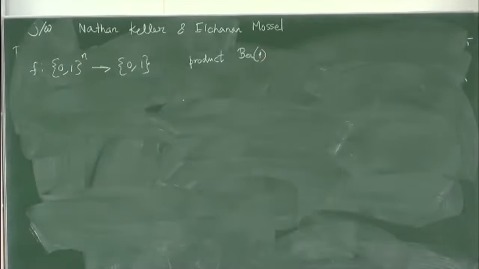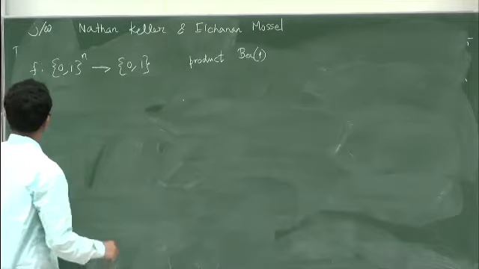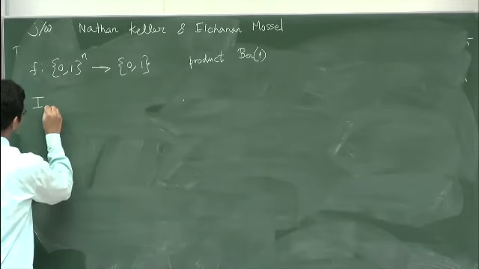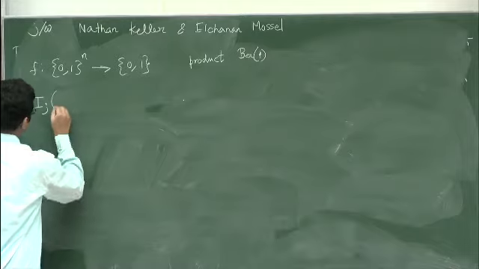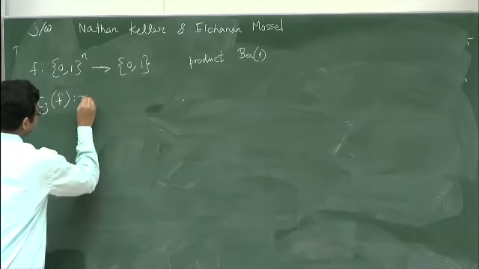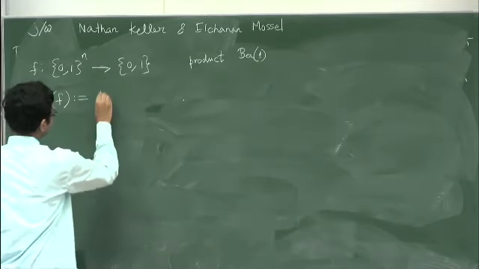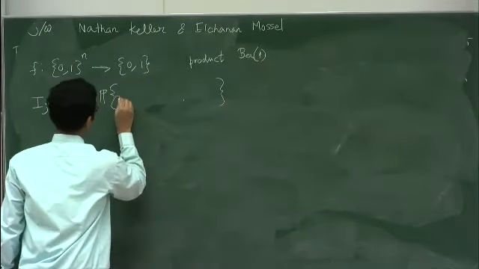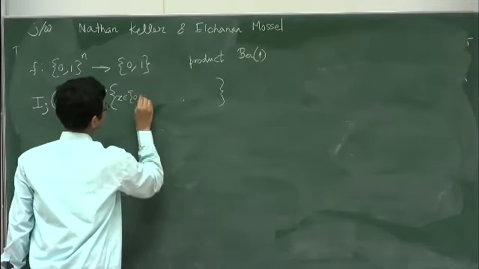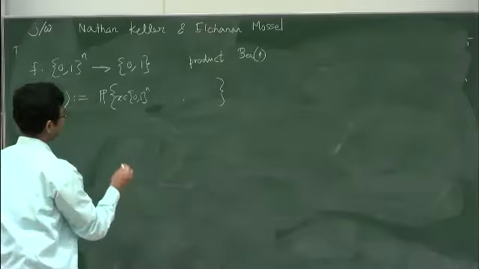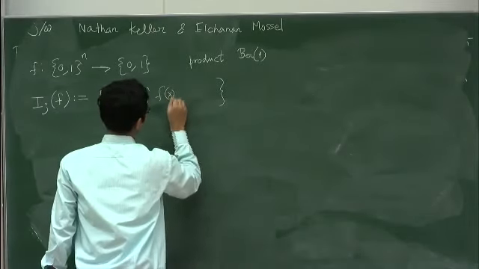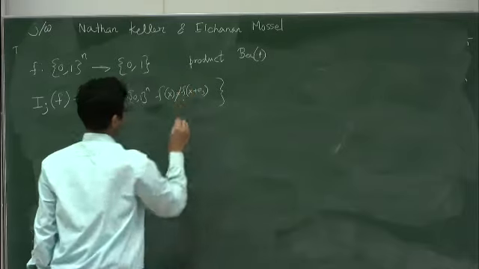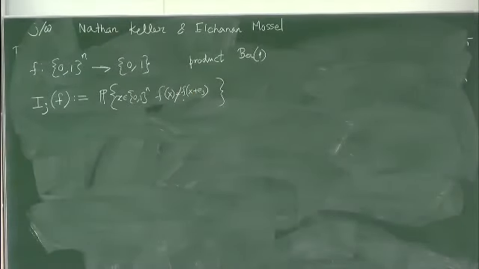So what is the influence of this function f? The influence of the jth coordinate on the function f is defined as follows: we compute the probability, under this product measure, of the set of all x in the hypercube such that if we flip the jth coordinate of x, then the corresponding value of f changes or switches.